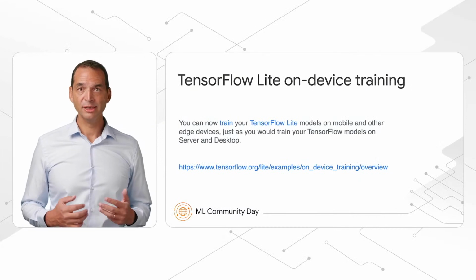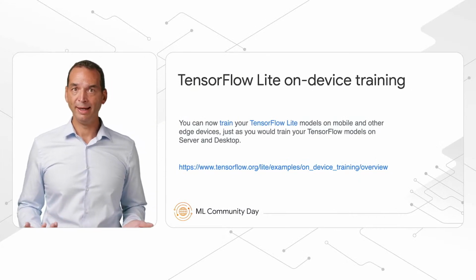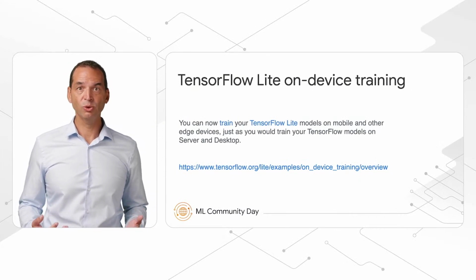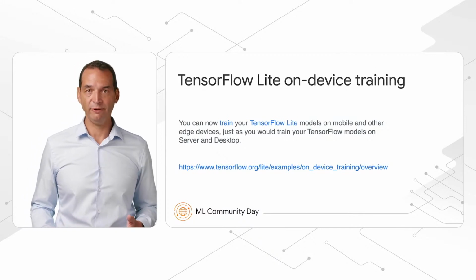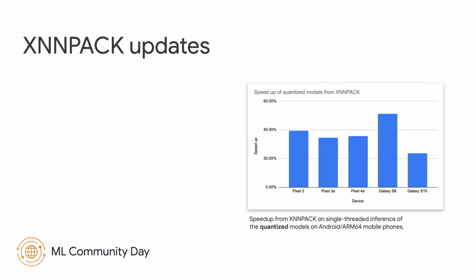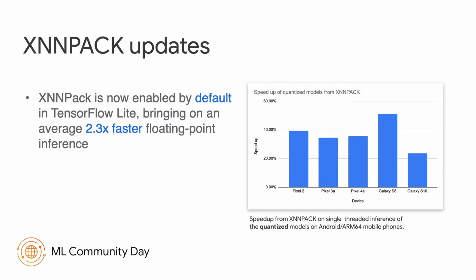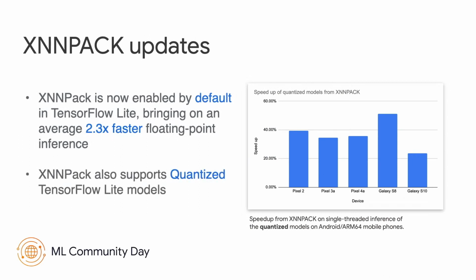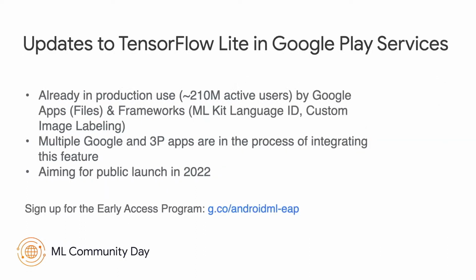You can now train your TF Lite models on mobile and other edge devices, just as you would train your TensorFlow models on server. On TF Lite, we continue to work on making performance better. XNNPack, a library for faster floating point ops, is now turned on by default in TF Lite, allowing your models to run on average 2.3x faster on the CPU.